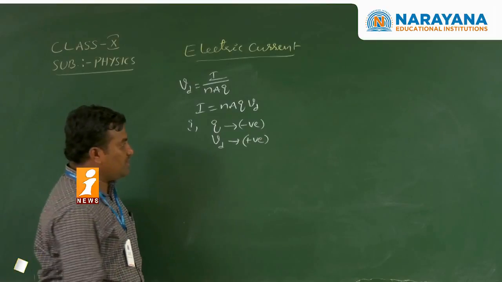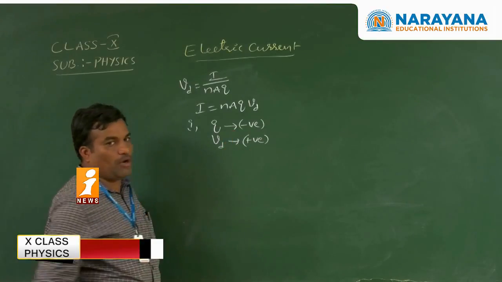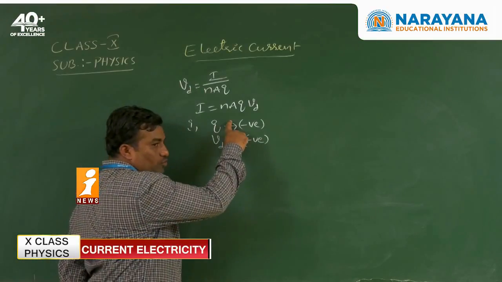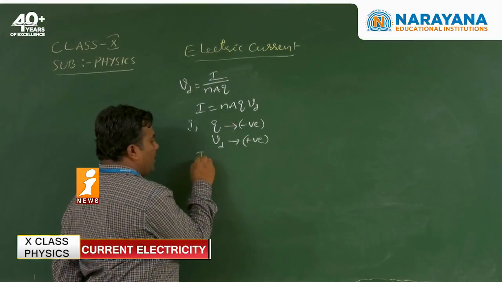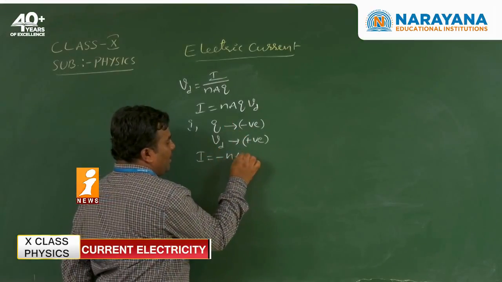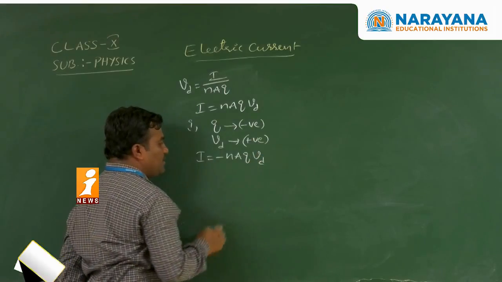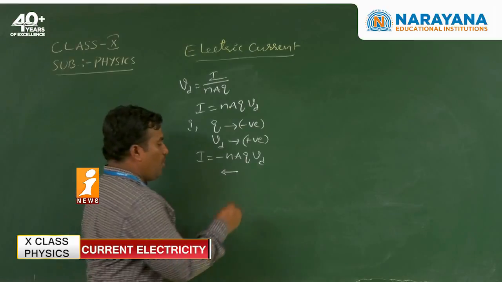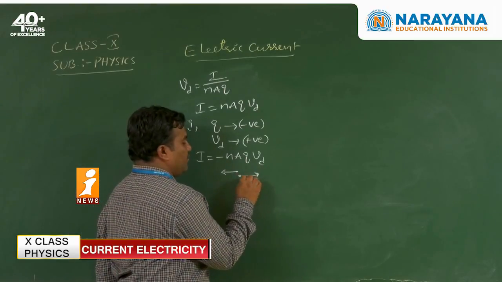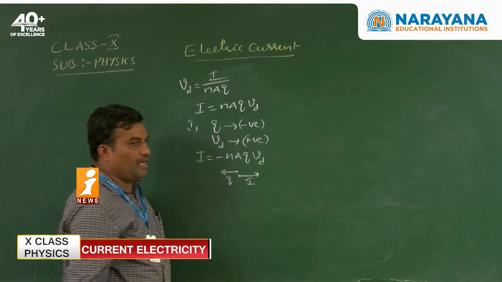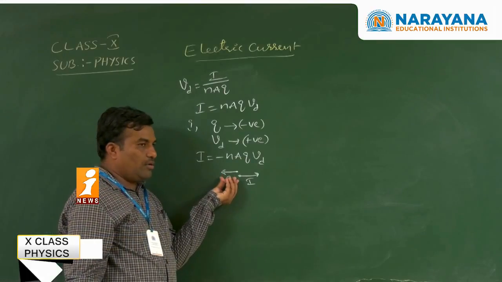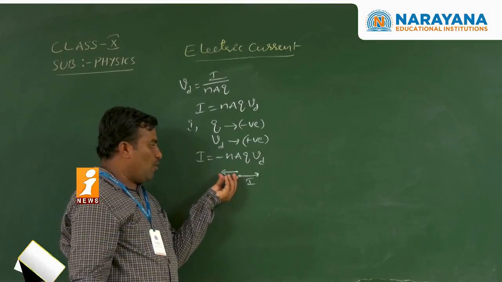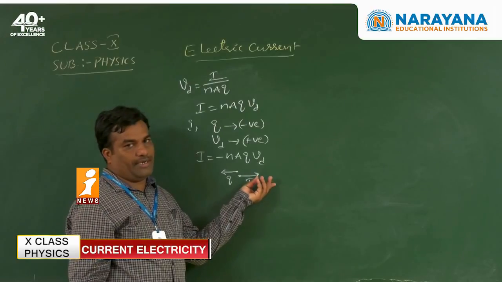The product of these two gives minus N A Q Vd. So the electron moves in one direction while the current flows in the opposite direction. Always observe that a negative charge moves opposite to the direction of current flow.